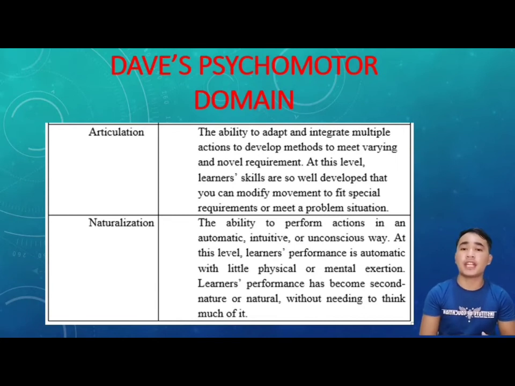So if your learning outcome is to operate a computer quickly and accurately, then when operating a computer, of course your hands and your physical body act according to the response the screen gives. So that's naturalization, the ability to perform actions automatically, innate to yourself. That is the last domain of Dave's psychomotor.